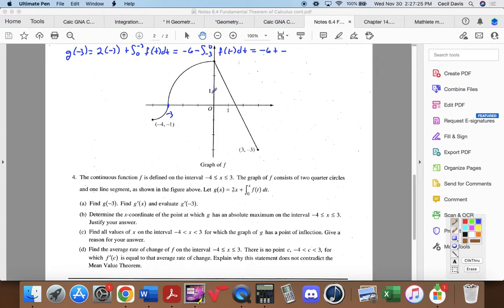Yeah, this is going to be 1/4 of pi r squared. And what is the radius for that circle? 3. 3. So this is 1/4 of pi times 3 squared. And by the way, you really don't need to simplify that.